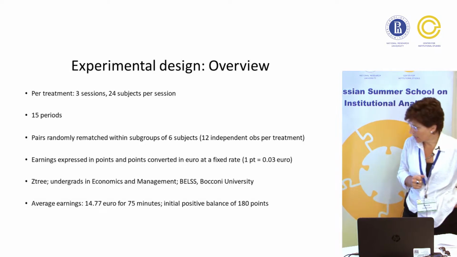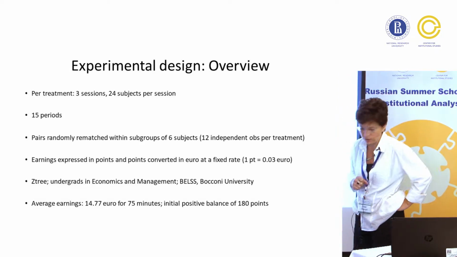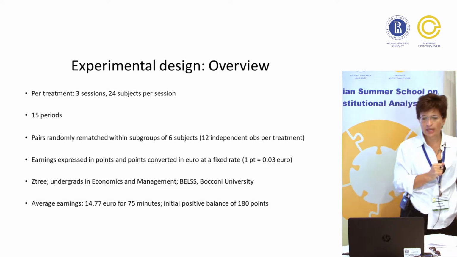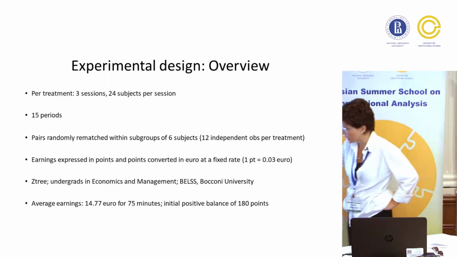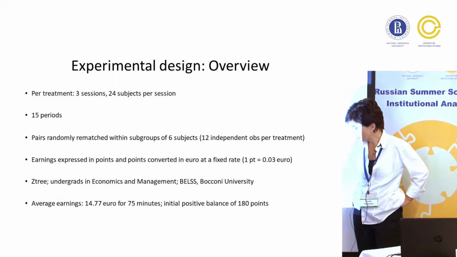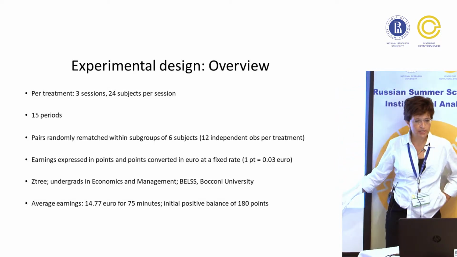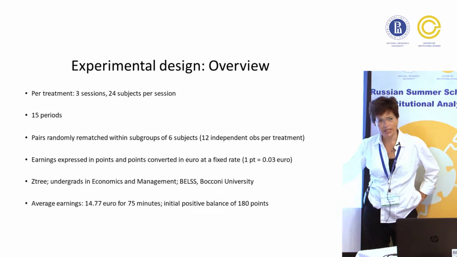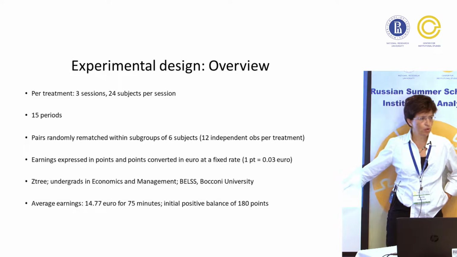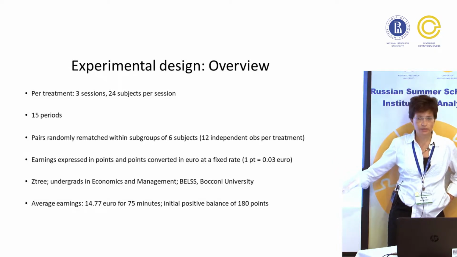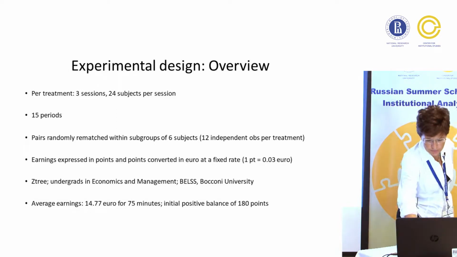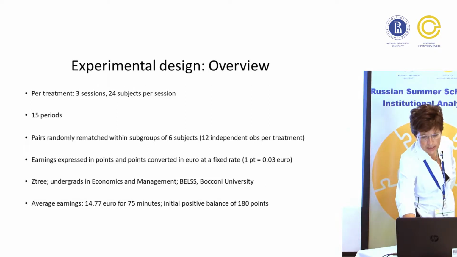They had an average earning of about 15 euros. They played on average 75 minutes. And what is really relevant is that they had an initial endowment of 180 points. This is relevant because they have to use these points, this initial endowment, to decide the investment in the first stage.